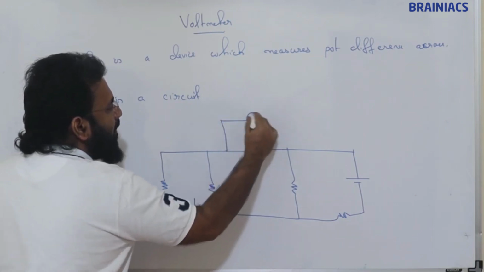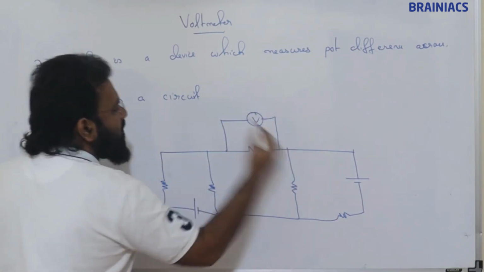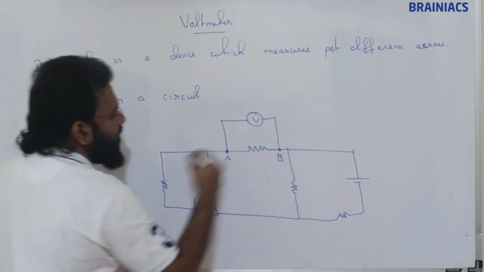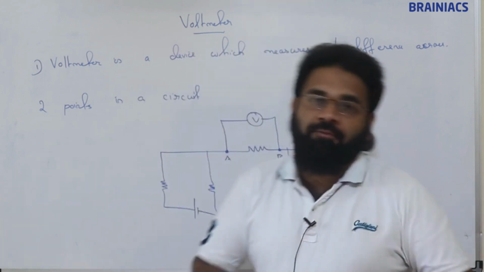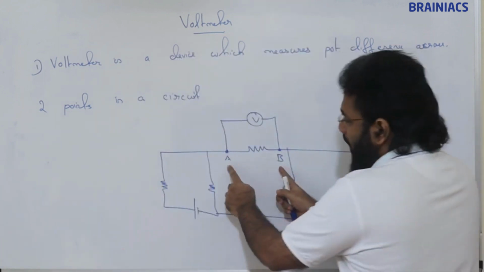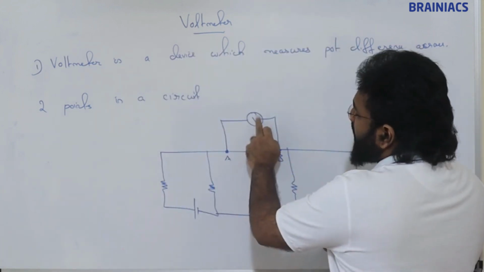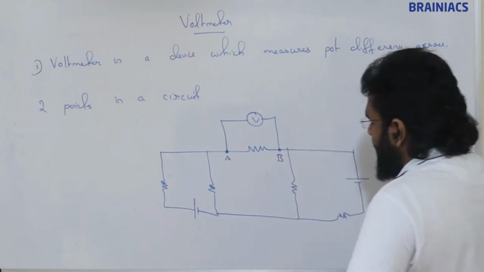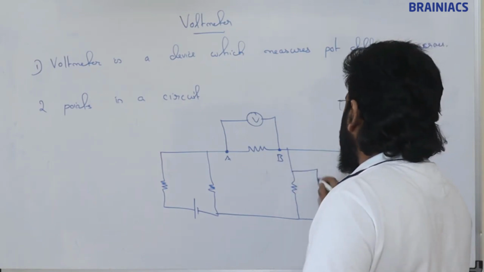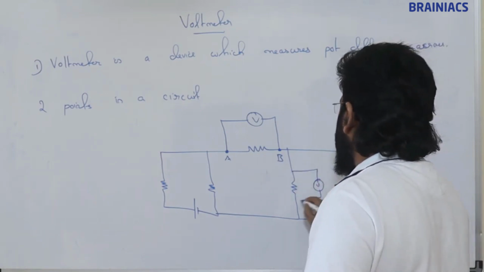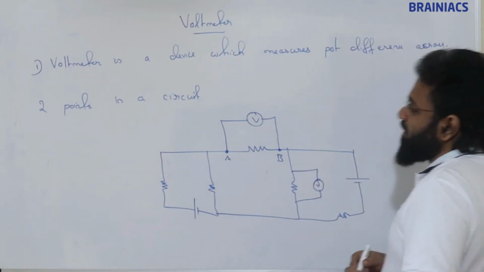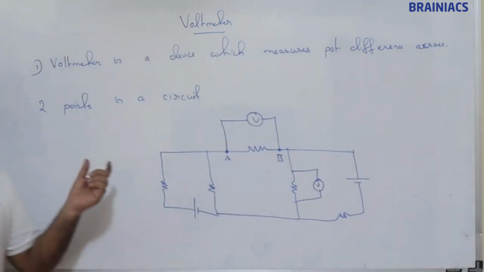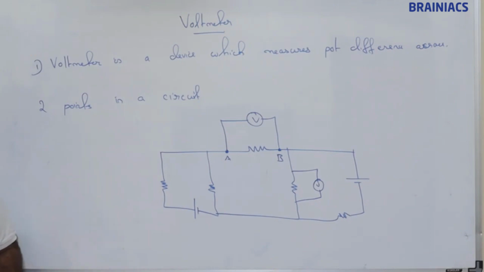We will connect a voltmeter across these 2 points, point A, point B. If we connect voltmeter across these 2 points, we will be able to measure the voltage across this resistance. So this is the use of voltmeter. We will be able to measure the potential difference across 2 points.